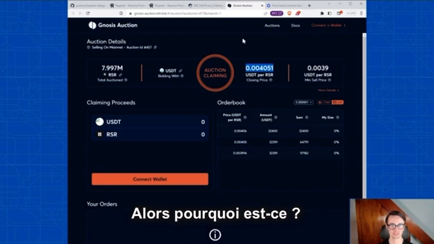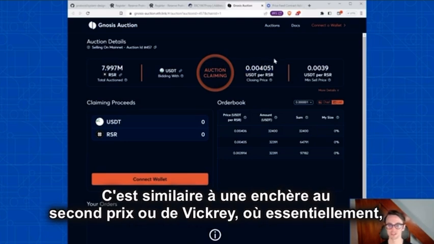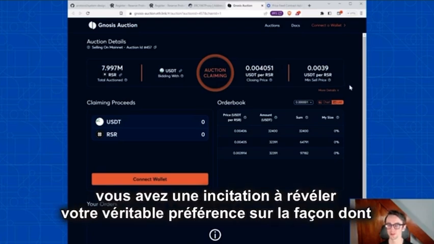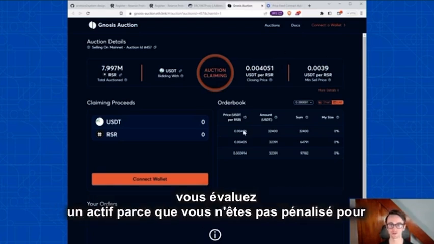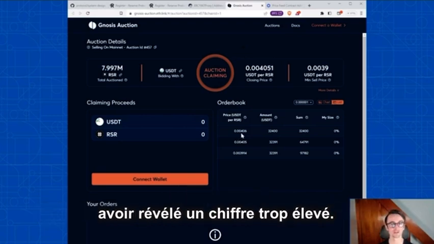So why is that? That's because Gnosis Easy Auction uses a next price mechanism. This is similar to a second price or Vickrey auction, where essentially you have an incentive to reveal your true preference about how you price an asset because you don't get punished for revealing a number too high.